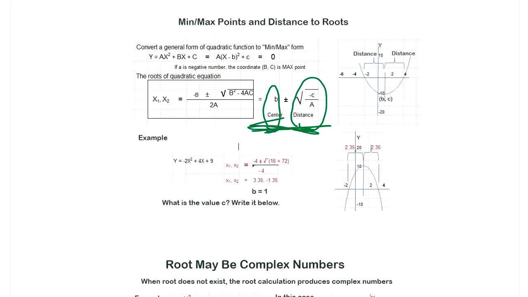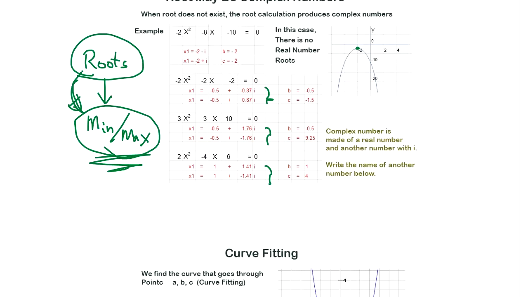I'll tell you why it always works: the imaginary number portion of the root always becomes plus or minus, and it cancels out to give the actual minimum or maximum point. So you can always find the min/max in real numbers, even if the root is an imaginary, complex number.